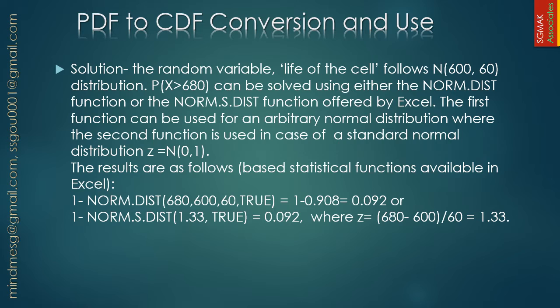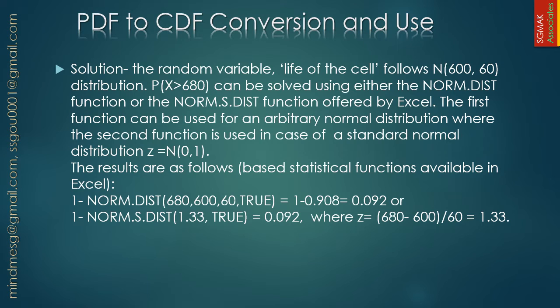Using statistical function from Excel, we can write it as equal to 1 minus norm.dist with parameters 680, 600, 60, true, and that number is 0.092, about 9.2%. Or you can use the standard normal distribution.